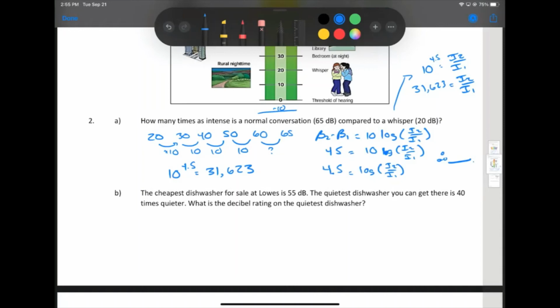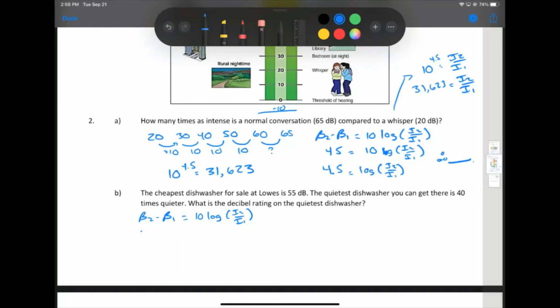So this one, I'll start with the equation and then we'll see if we can logic our way through it. So decibel 2 minus decibel 1 equals 10 log I2 over I1. Well, in this case, we're talking about 40 times. We just have to make sure we're consistent with which one is which. Let's use the 55 decibels as the second one, the 2.